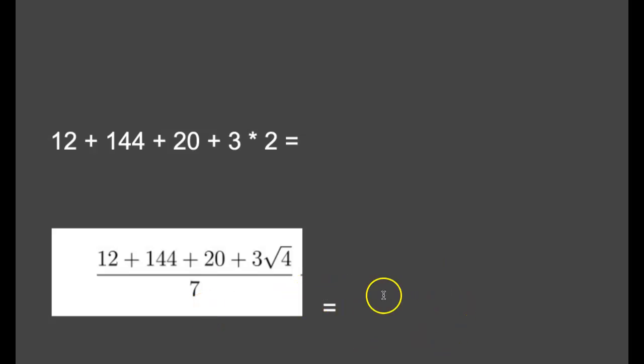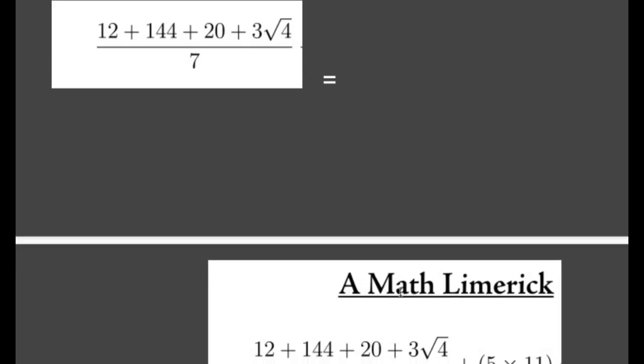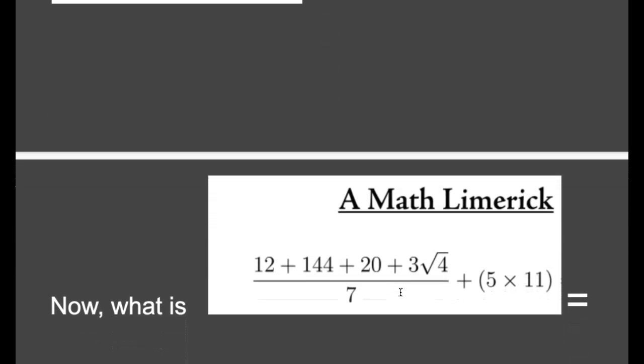What would that give you once you divide by 7? So now you have the answer to all of this above. Now add your 5 times 11. And what do you get now?